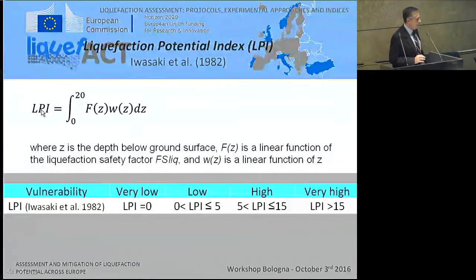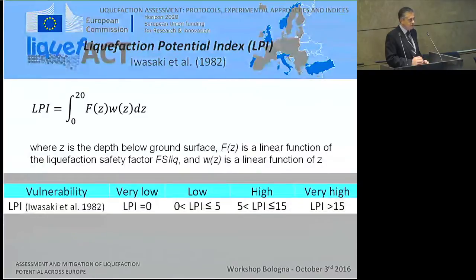So LPI was already introduced. It is an index, a potential liquefaction index, that will try to aggregate in depth a factor of safety defined previously by Giuseppe Modoni, Professor Modoni, and I think eventually him.